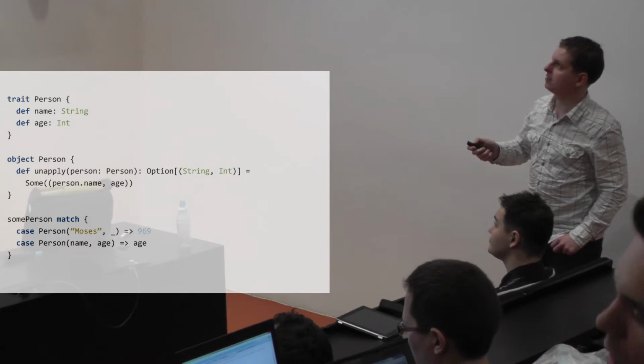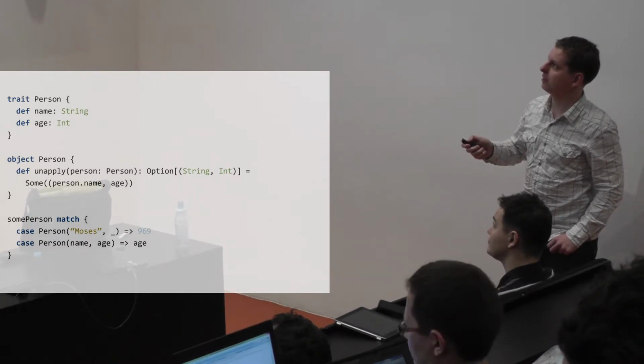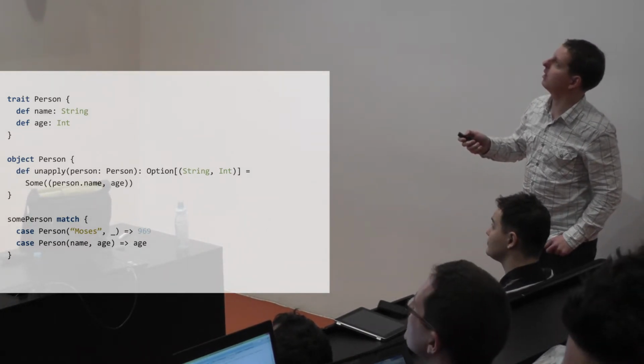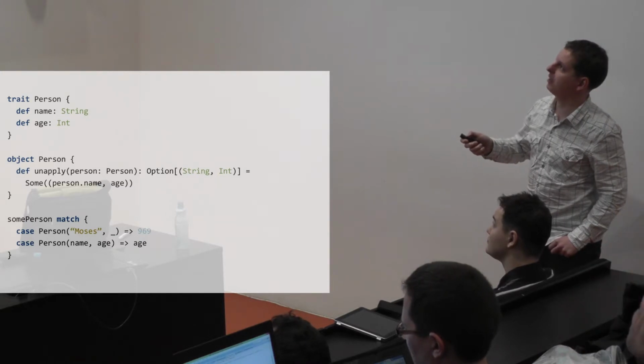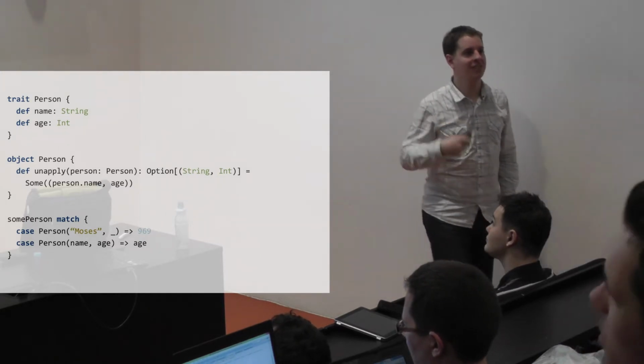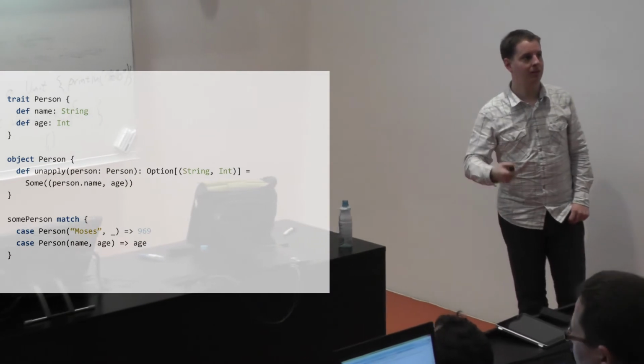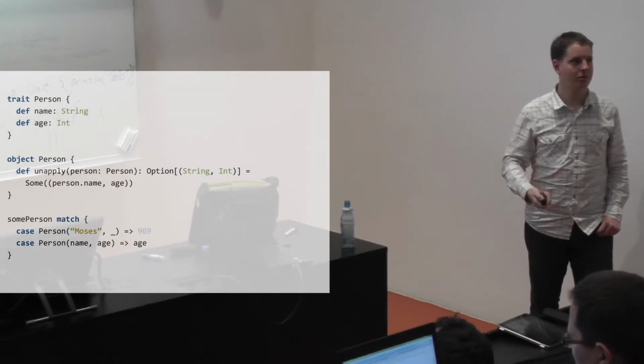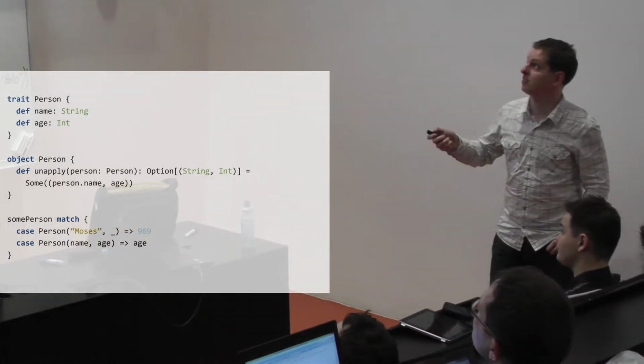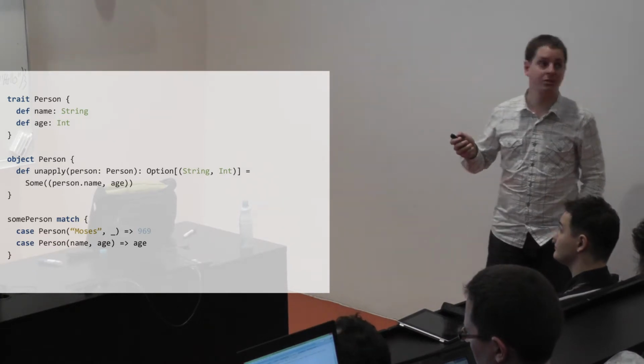In this particular case, it will just extract its name and age, there's a typo again, sorry, person.age, and returns Some tuple of person.name, person.age. It's a very simple implementation, but very straightforward.